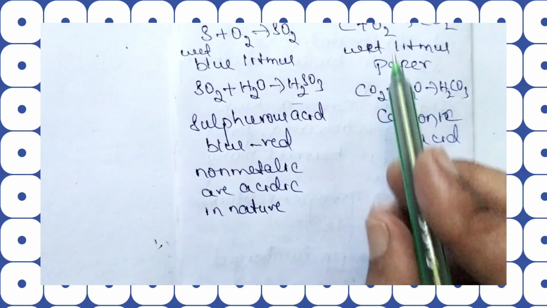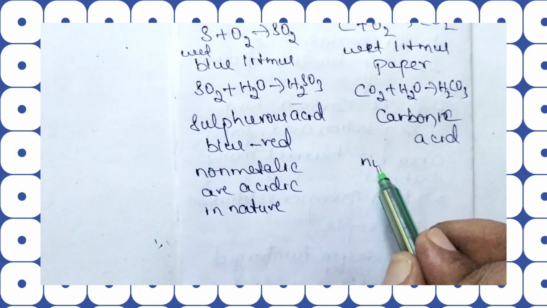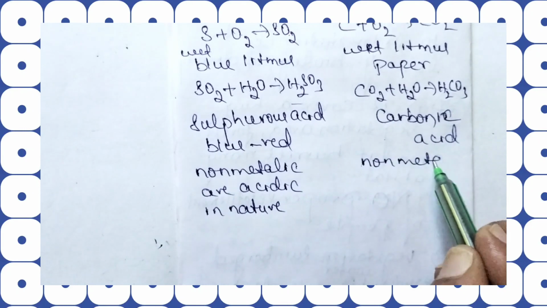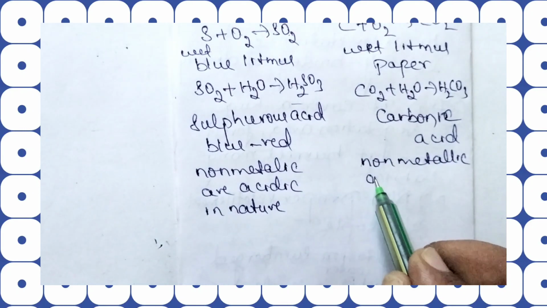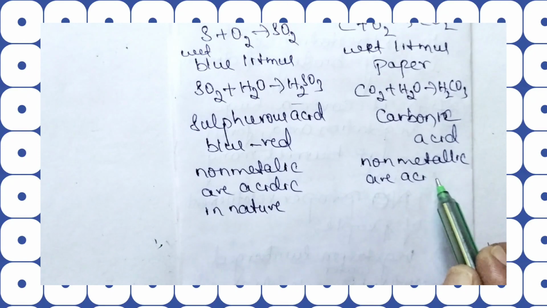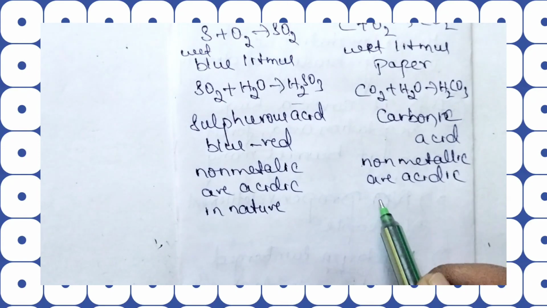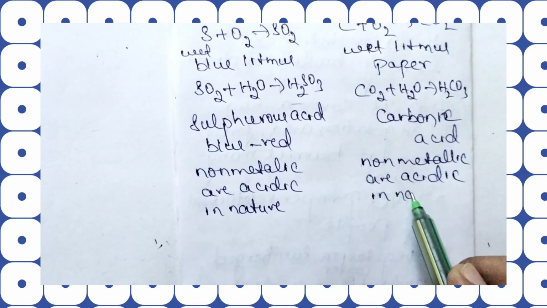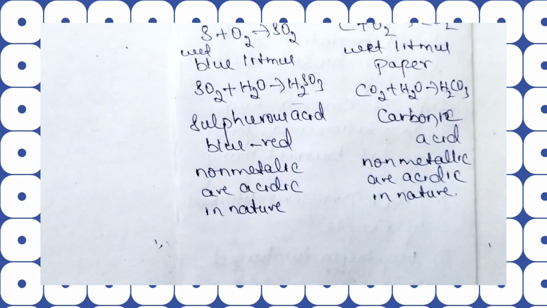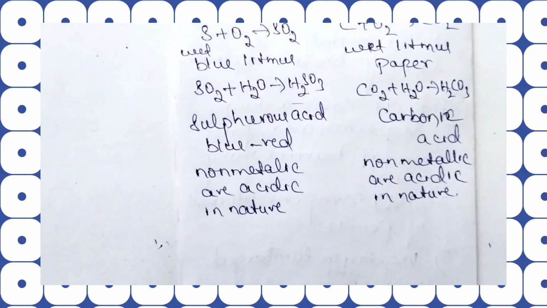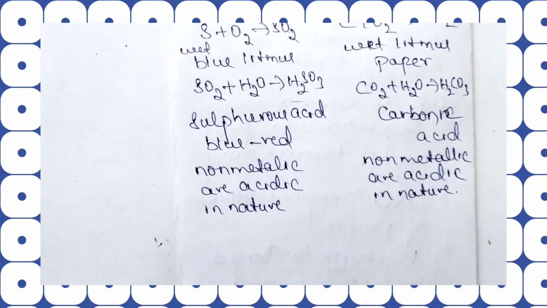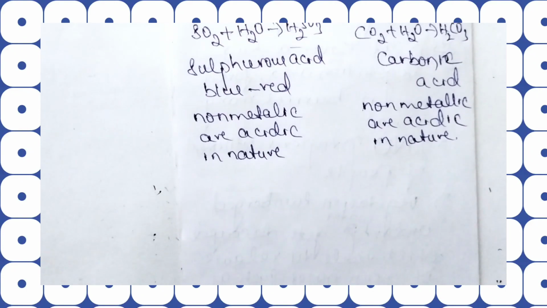Again carbon is non-metallic or acidic in nature. Therefore since it is acidic in nature, blue litmus changes to red litmus paper. So the conclusion is that non-metallic oxides, or non-metals, are acidic in nature. So this is the conclusion of this one.